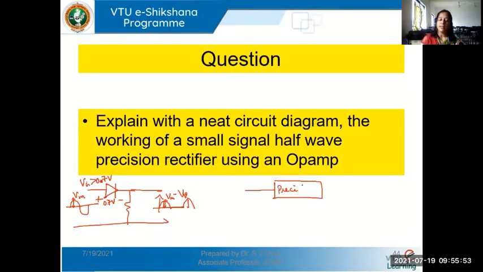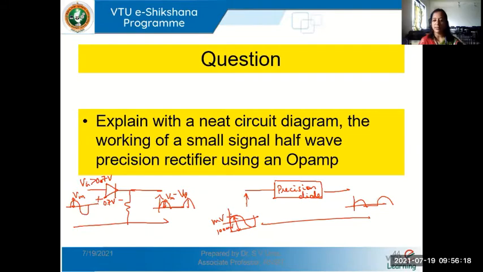If I replace the ordinary diode with a precision diode, then I can work with input signal levels which are in millivolts. Say I'll have a peak to peak 100 millivolt signal. I can rectify even this signal, which is in millivolts, even though it is less than 0.7 volts. So hence we need to use a precision diode based rectifier.